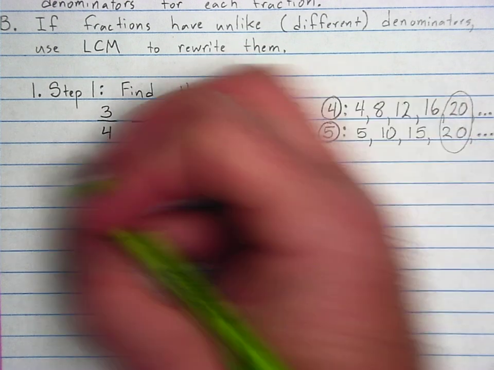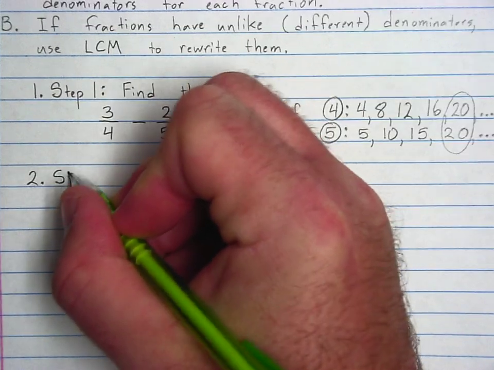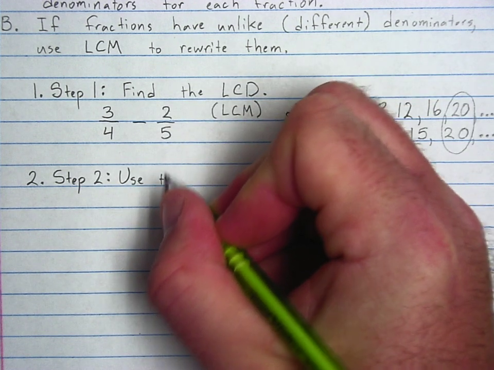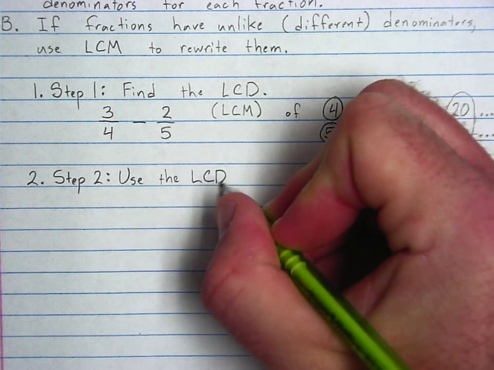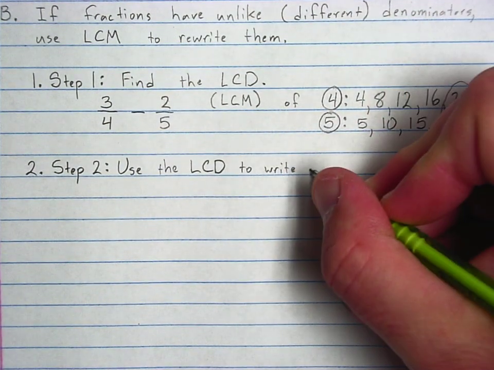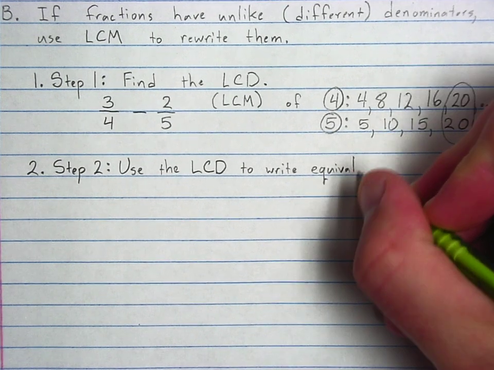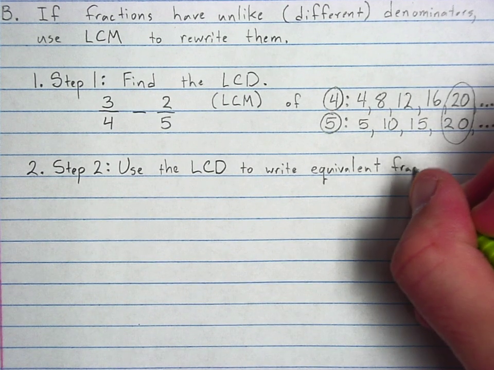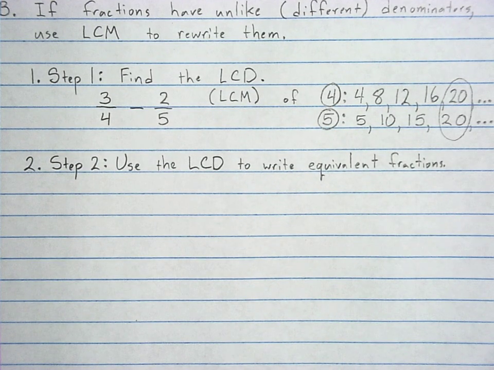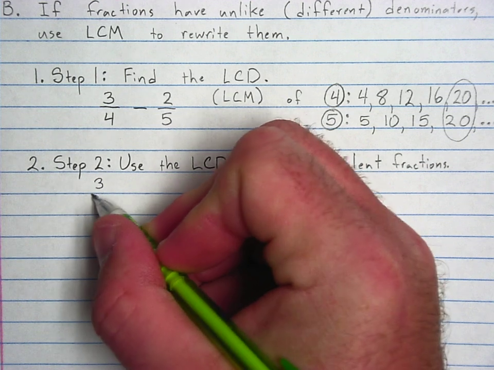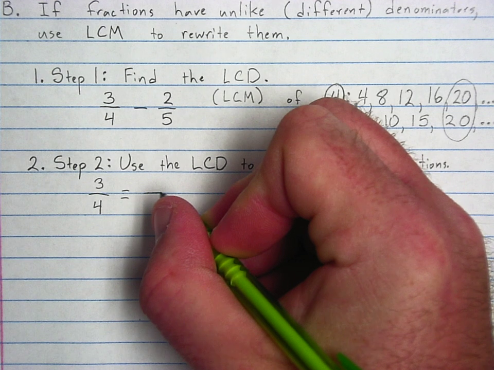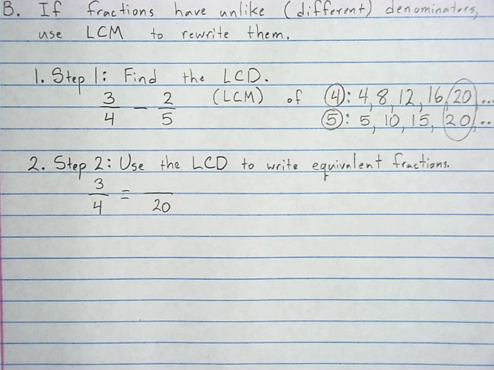Okay, let's see how we work that into our problem. Step 2. Use the least common denominator, use the LCD, to write equivalent fractions. So, 3 over 4 is going to be equal to something over 20.